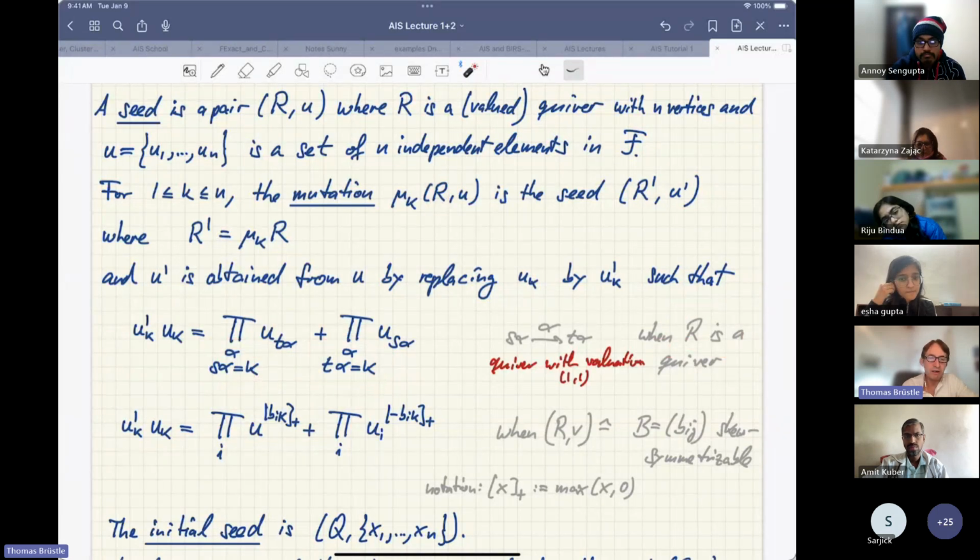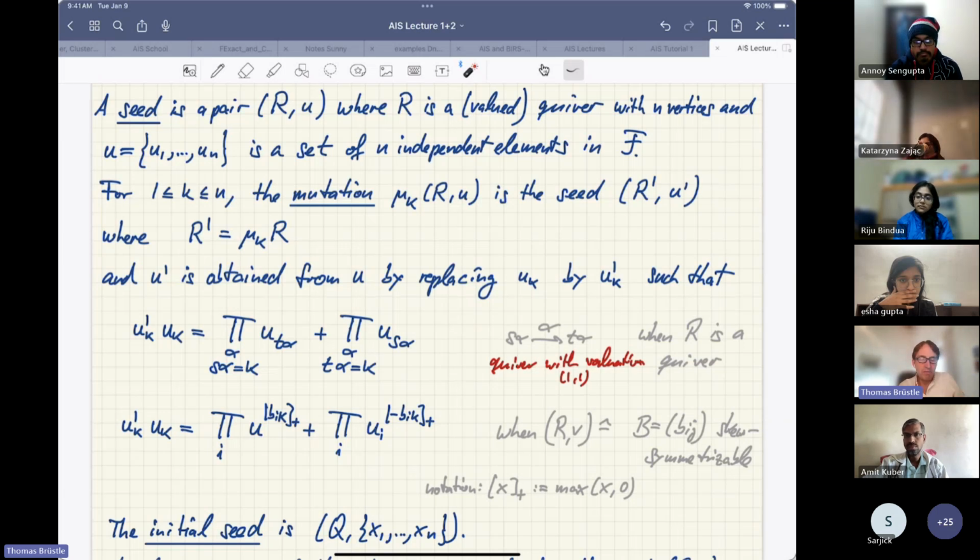So we do a very complicated recursion. Each recursion step is we mutate variables according to some quiver, but the quiver also changes along the process. So it's a very complicated process.